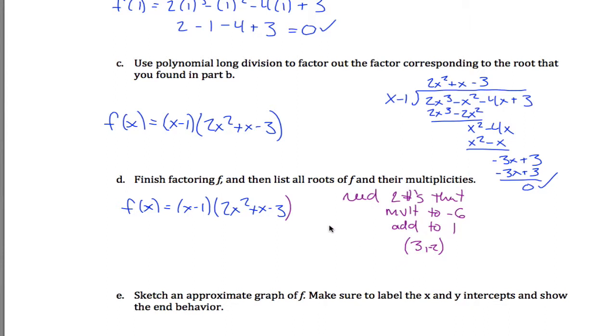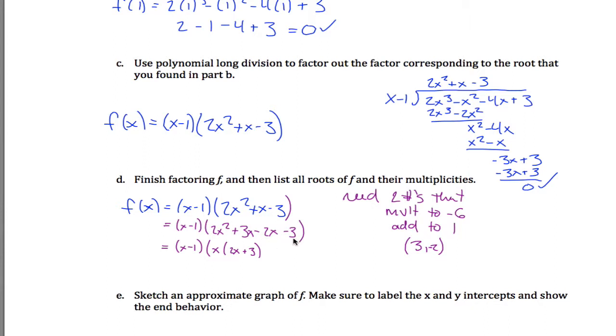So what we can do is replace positive x with positive 3x minus 2x. In other words, we can write this thing as x minus 1 times 2x squared plus 3x minus 2x minus 3. And then we can factor by grouping. These first two terms have an x in common. So you pull out that x and you're left with 2x plus 3.